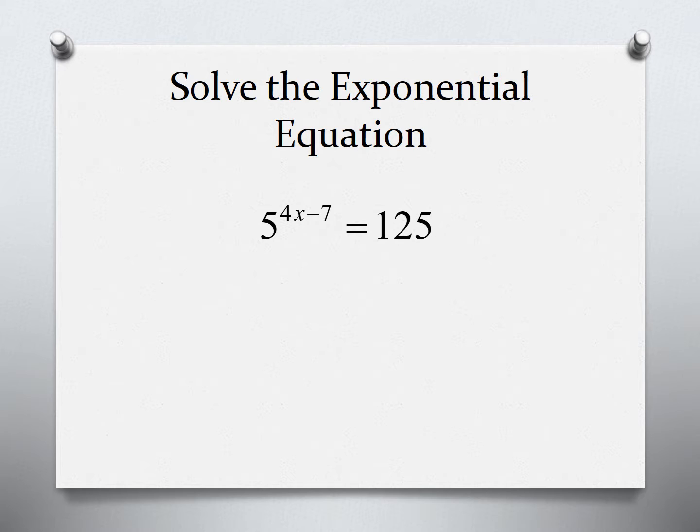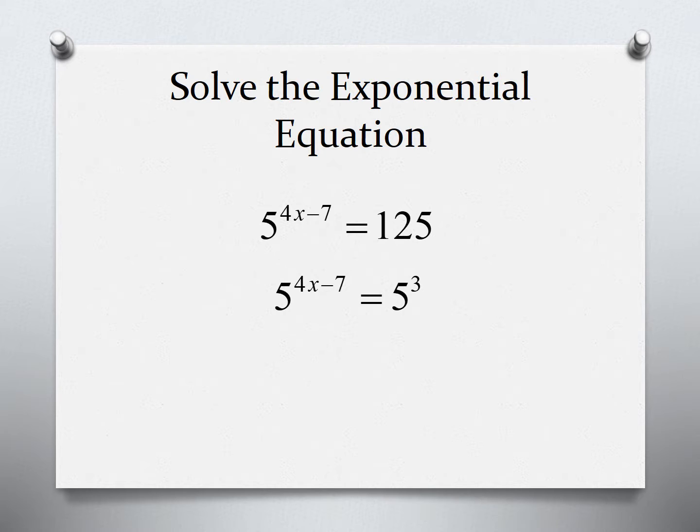In our next example, we have 5 raised to the 4x minus 7 is equal to 125. Again, if we can just write 125 in terms of having a base of 5 raised to some power, then we can get this thing solved. So here we can rewrite 125, a very familiar value, as 5 raised to the 3rd power.